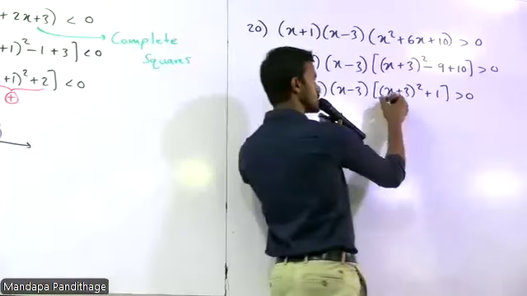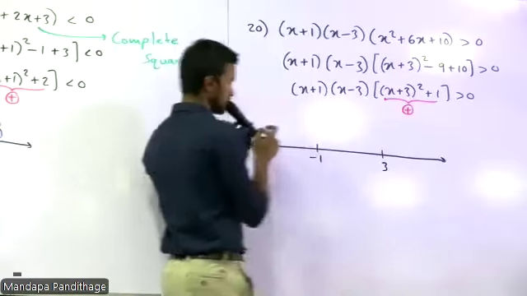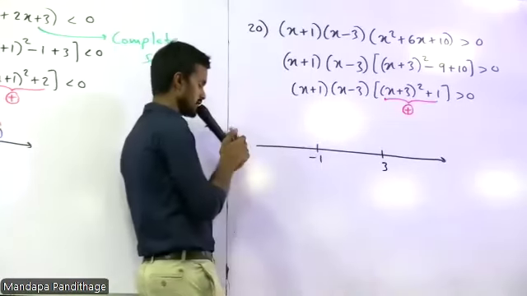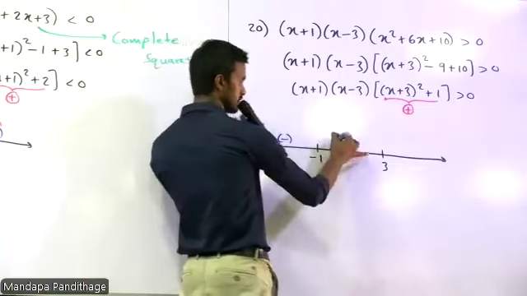Then you don't have to consider it, just go with the other two, minus 1 and 3. So when I consider less than minus 1, this is minus and this is minus. If you want, you can put plus, but there's no change. If you consider something like 1, this is positive, this is negative. Anything greater than 3, this is positive, and this is positive. So I haven't considered this mark because since it's positive, there won't be any change.